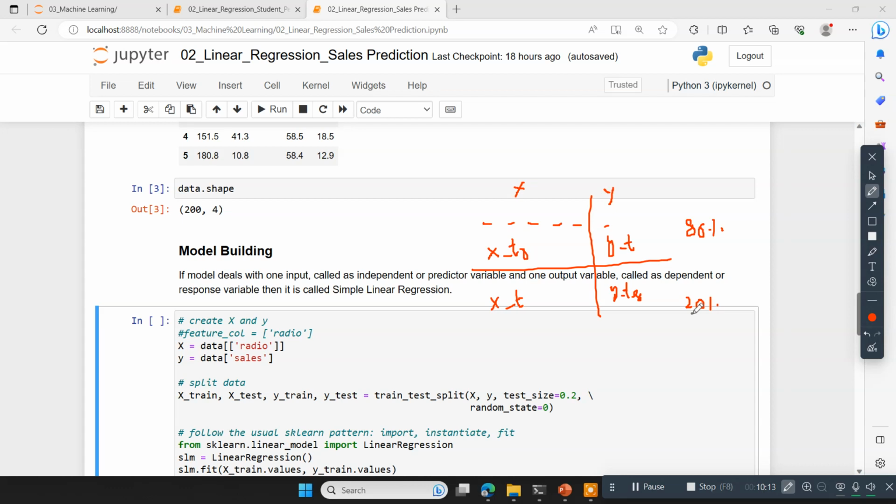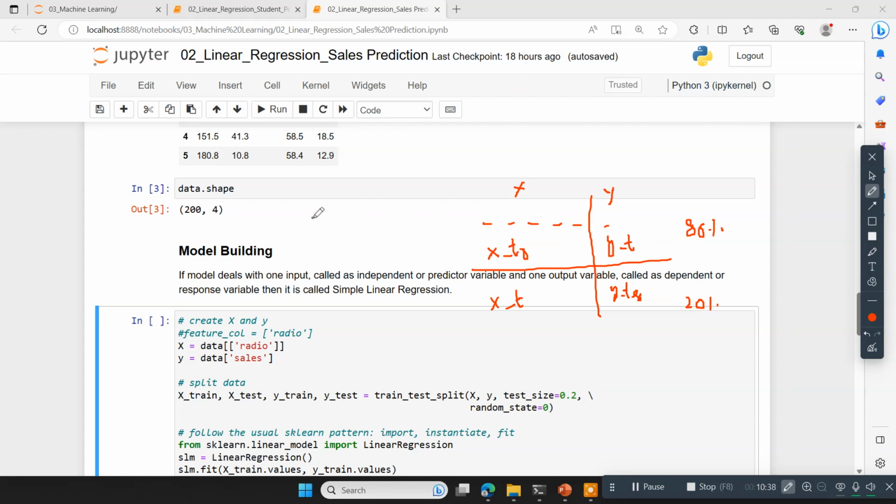So there are no fixed rules. As you know, machine learning is a trial and error approach. You can take some values, and if you are not satisfied, meaning your model performance is not accurate, then you can change these values. Later on you can make it 70-30 or 90-10 or 60-40.